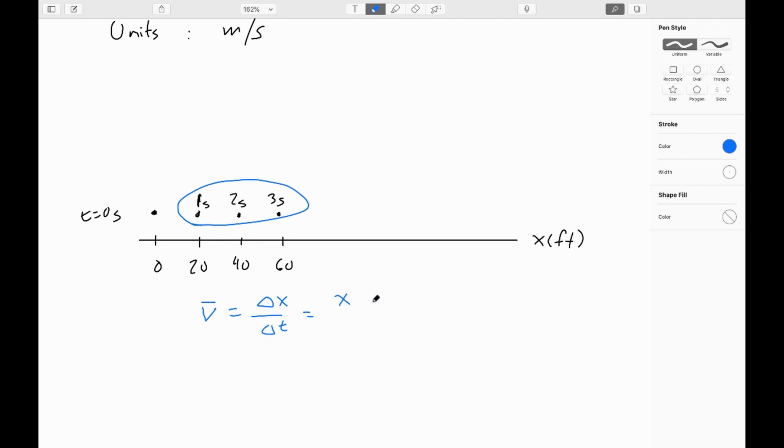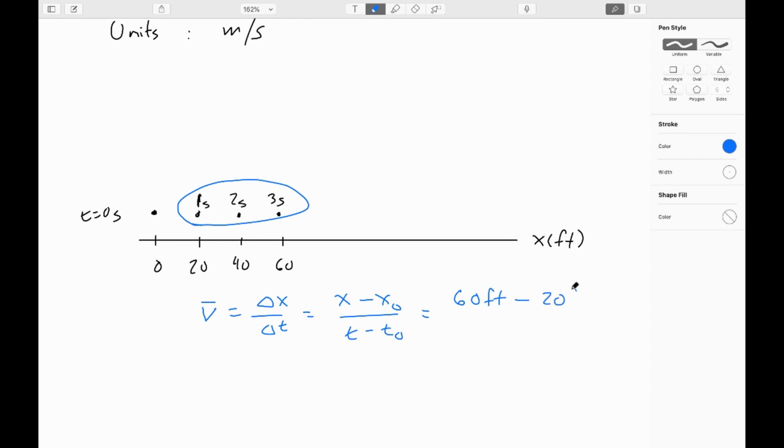So this would be our final position minus the initial position over the final time minus the initial time. So this would be located at 60 feet. Always, always, always put in your units with your numbers when you're substituting in values.